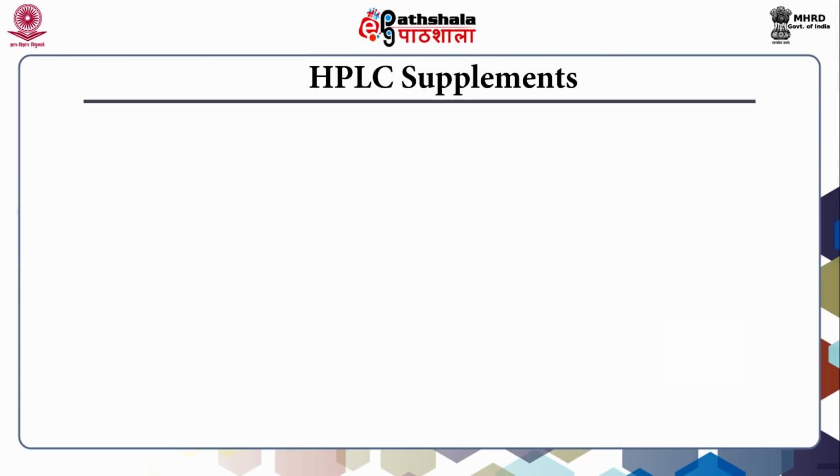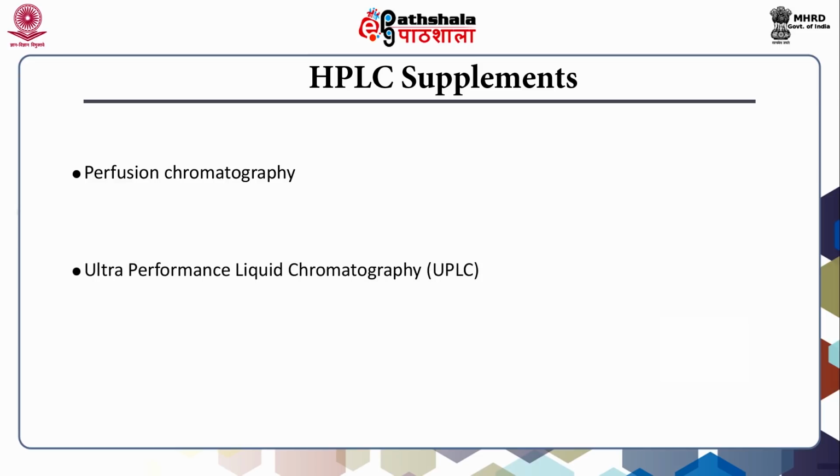As we just discussed, these are the three HPLC supplements: perfusion chromatography, ultra performance liquid chromatography, that is UPLC, and fast protein liquid chromatography, that is FPLC. Let us talk about these chromatographies one by one.